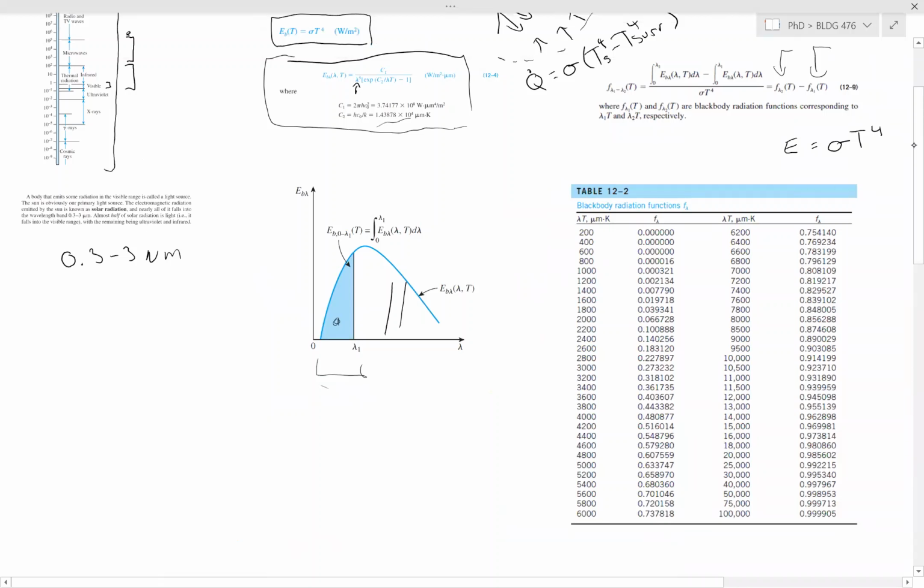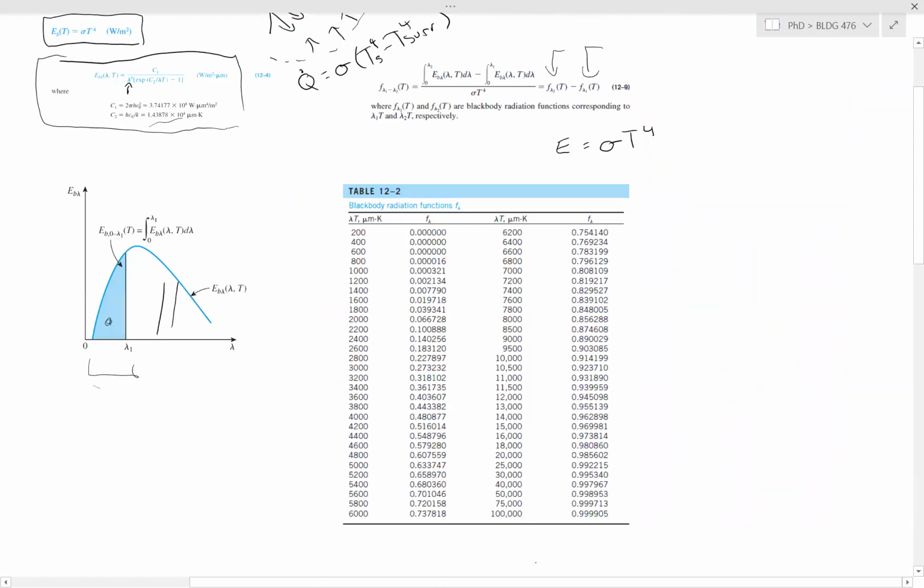We'd be looking up that 1740, and in this case we'd have to interpolate. That thing we found is our wavelength times our temperature in Kelvin. From there, we can find our fraction. And this is a 2-column chart, so when we run out here, we go over here.